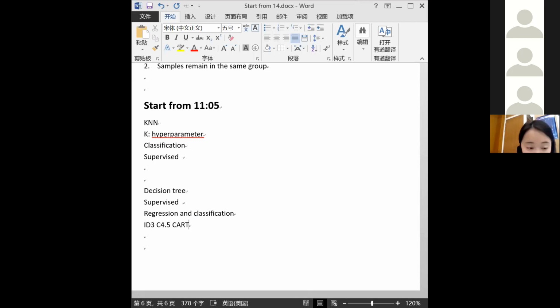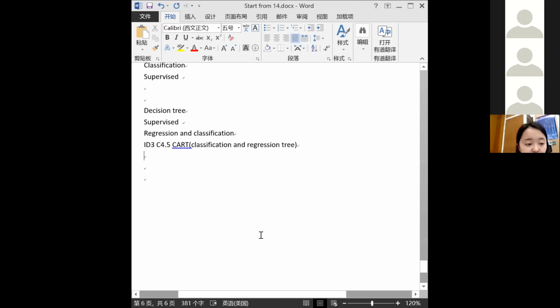Here CART means classification and regression tree. So we will explain decision tree step by step, just a simple explanation of how decision tree works.